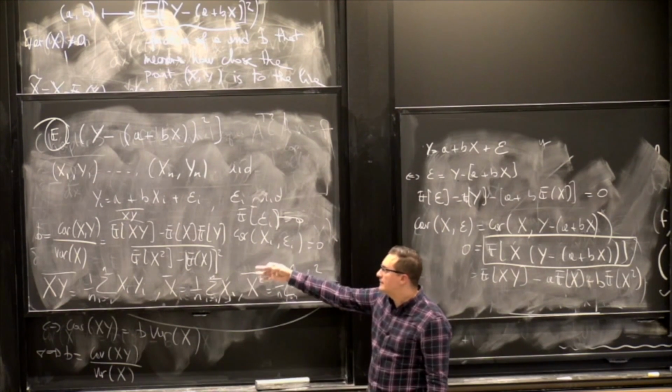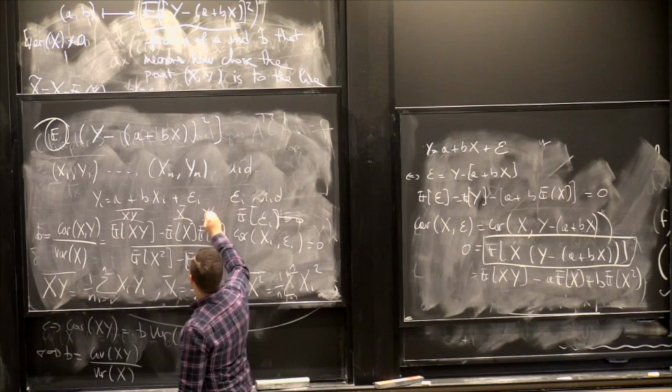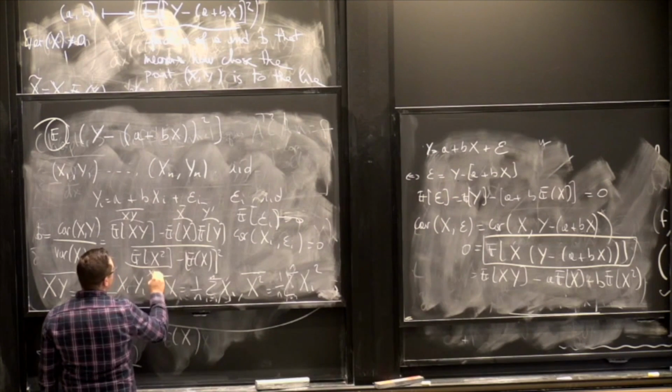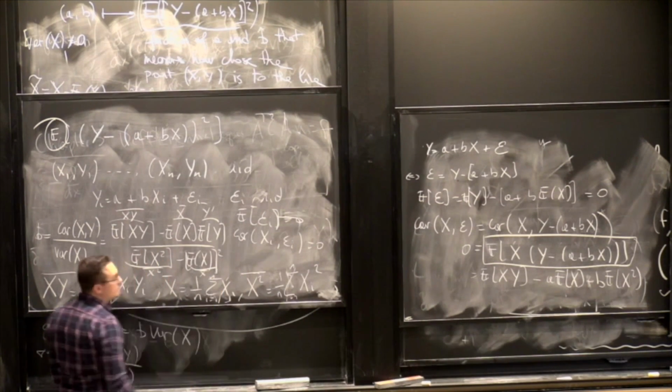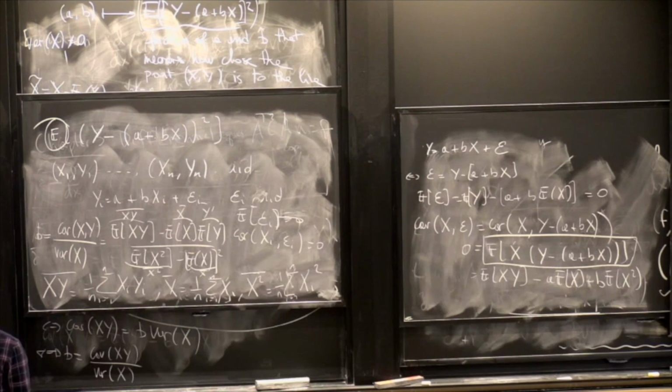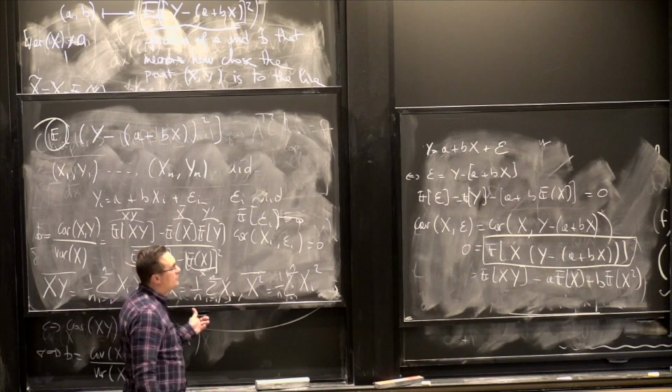So you basically replace this guy by x bar, this guy by y bar, this guy by x squared bar, and this guy by x bar squared. That's one way to do it. Everywhere you see an expectation, you replace it by an average. That's the usual statistical hammer.